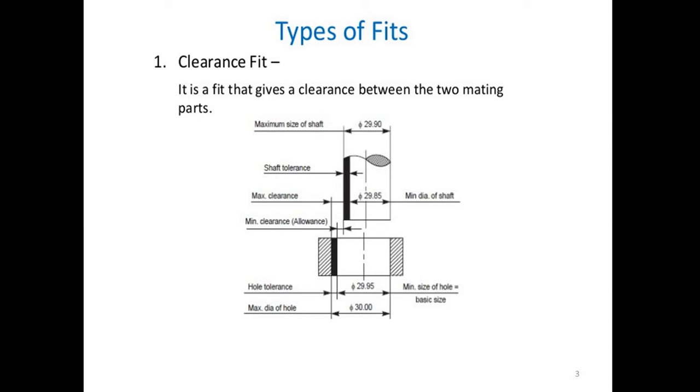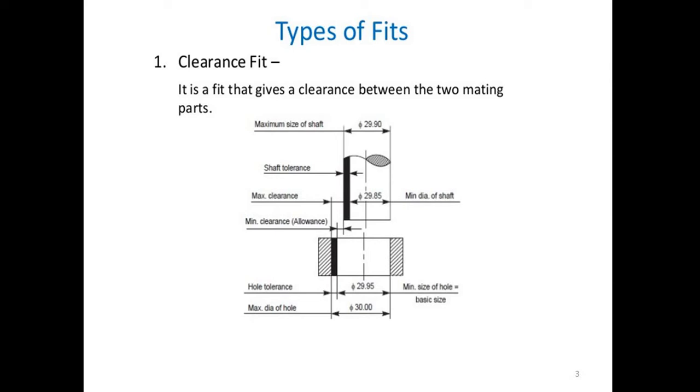Considering this example of clearance fit, the shaft diameter varies from 29.85 to 29.90. The maximum size of shaft is 29.90 mm. Considering the hole, the minimum size of hole is 29.95 and the maximum size of hole is diameter 30.